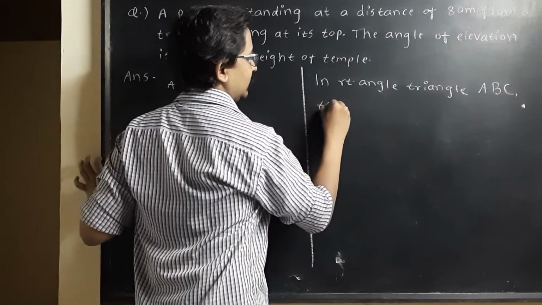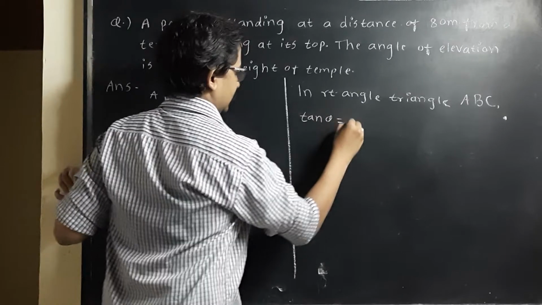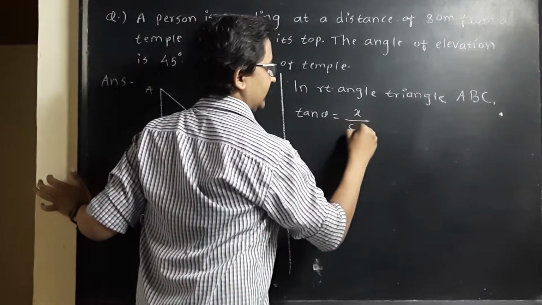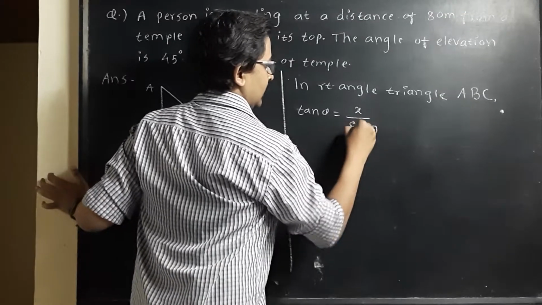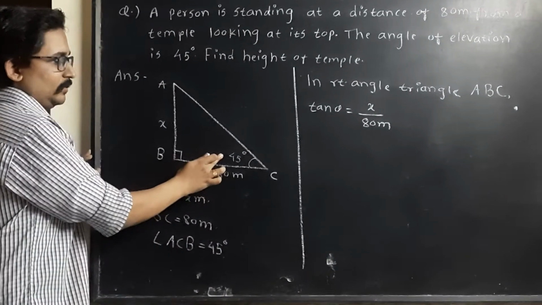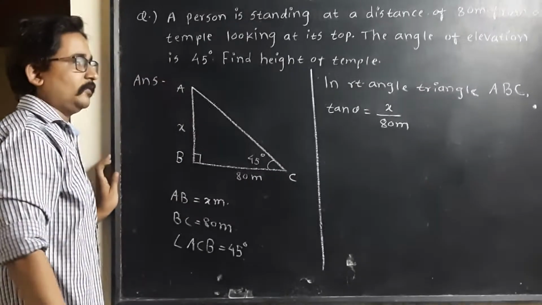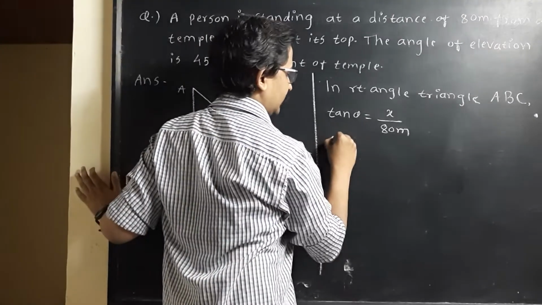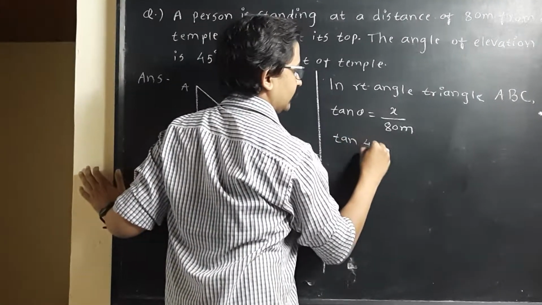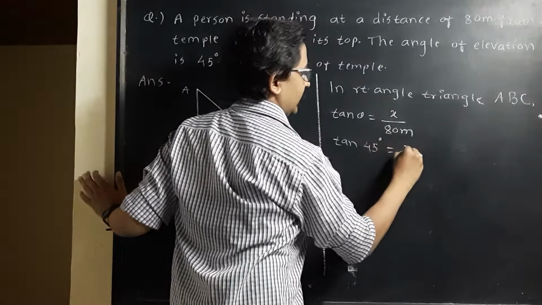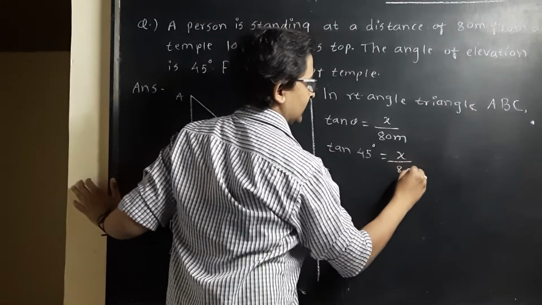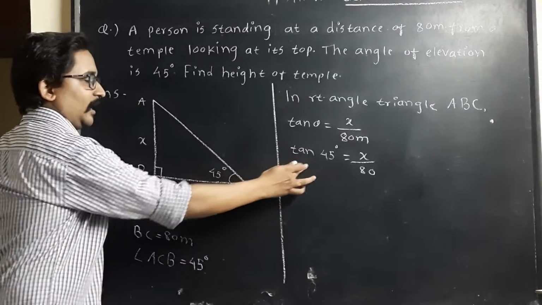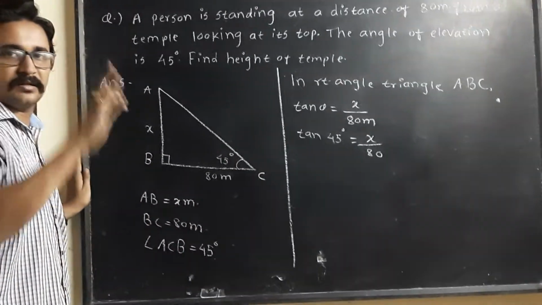So tan theta is opposite upon adjacent, equal to x upon 80 meters. Here we are having value of angle of elevation as 45 degree. So theta will be replaced by 45 degree. So tan 45 is equal to x upon 80. Tan 45 degree, from the trigonometric table, its answer is 1.